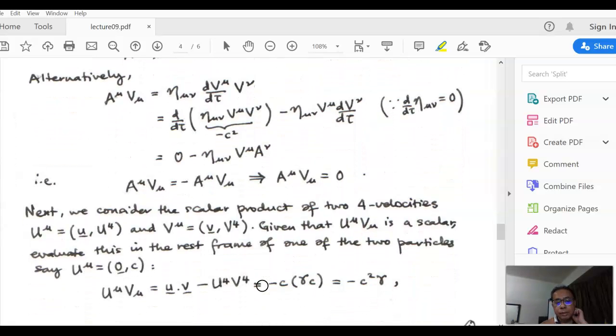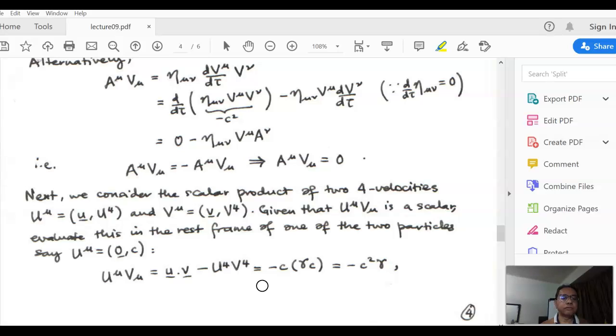Now, in general we might have two four-velocities, say u and v, given by small u and small v for the three-dimensional velocities, and then you have the fourth components u4 and v4. Let's consider the case of one of them being in the proper frame. In this case, u mu equals 0, c.